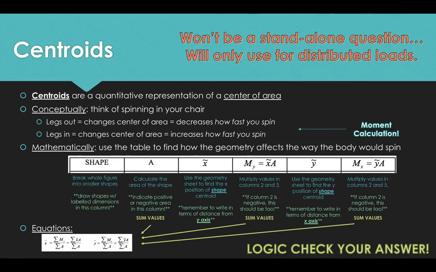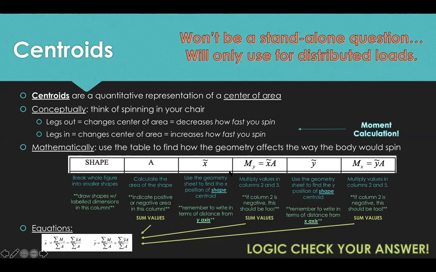That is because of the centroid and how that affects the moment about the spinny part of the chair. So where your legs are changes the center of area on your body. If the chair is rotating about basically under your butt, but the center of area when your legs are sticking out is at your knees or something, that's going to change how fast you spin about that moment.